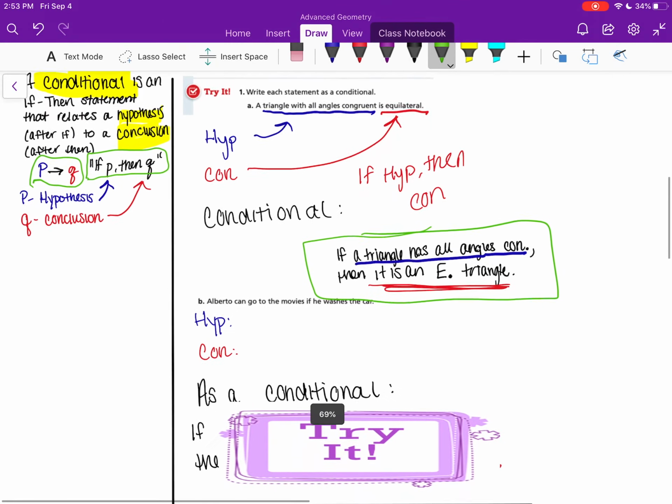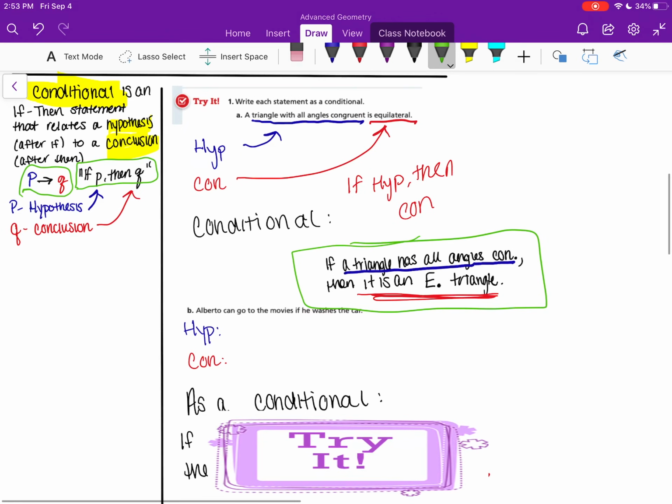So read example B. Alberto can go to the movies if he washes the car. Determine what is the hypothesis, what is the conclusion, and write that conditional statement. Pause to do that. All right, now that you're back, did you determine that the hypothesis was if he washes the car, and the outcome would be that he could go to the movies?